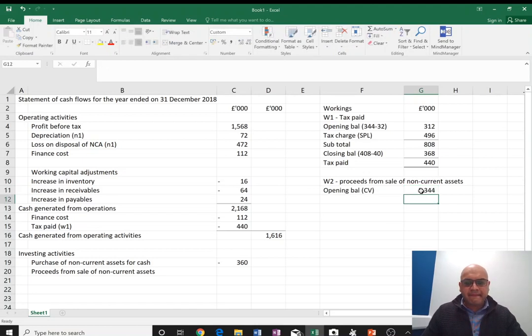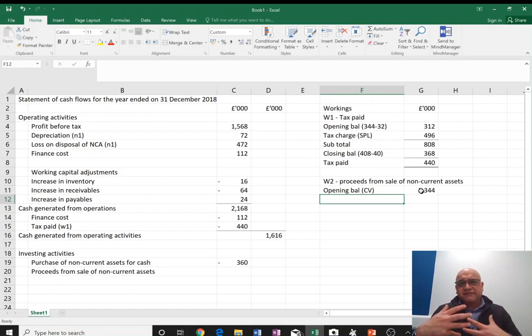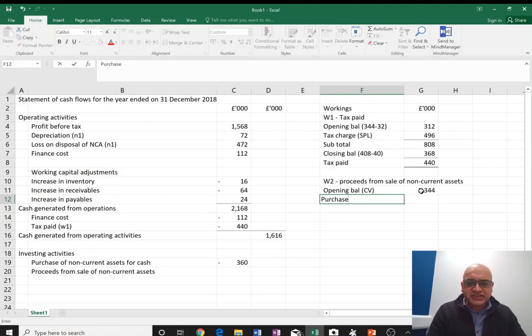Okay. And then we are going to adjust for items. So what kind of items affect the non-current assets? What kind of changes can take place during the year? So things like purchase of non-current asset. There was a purchase of plant, we know that will make the balance go up.